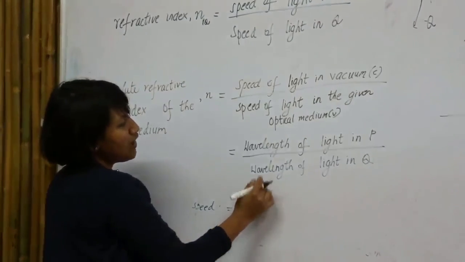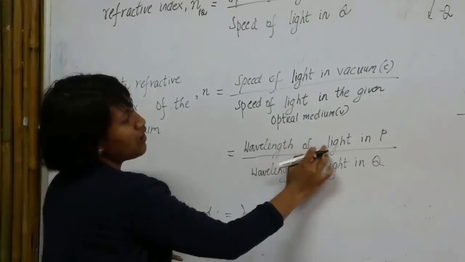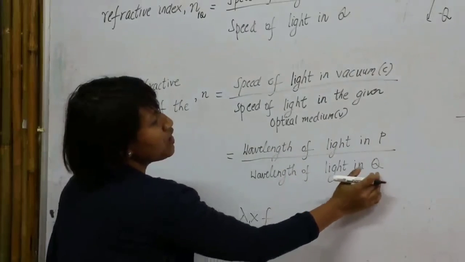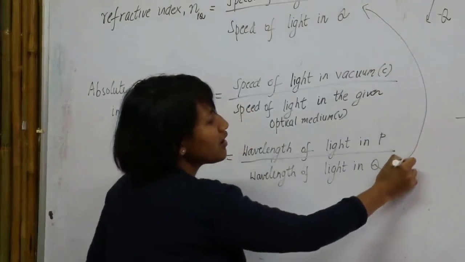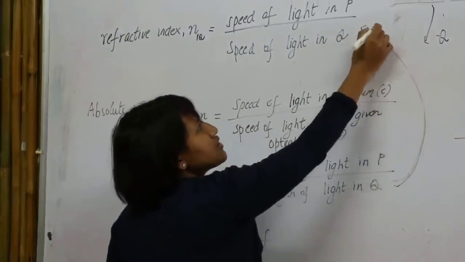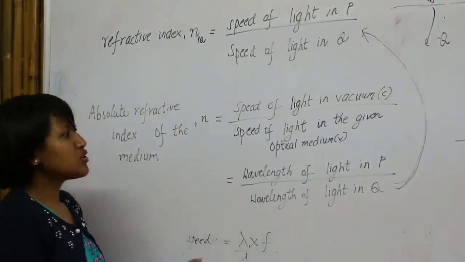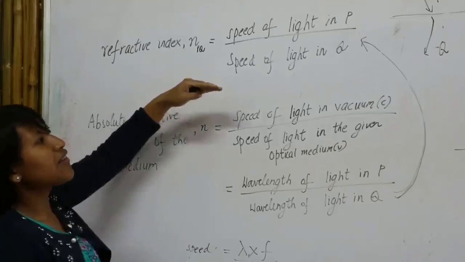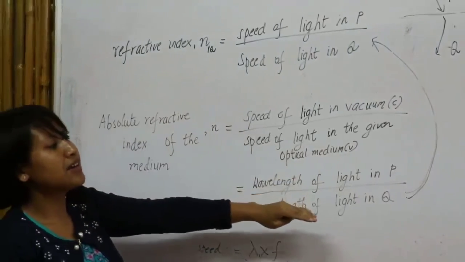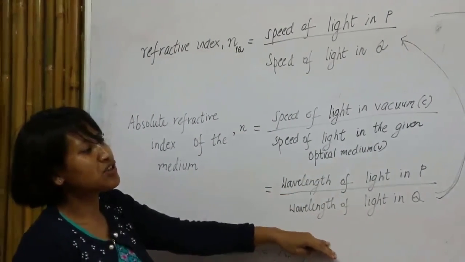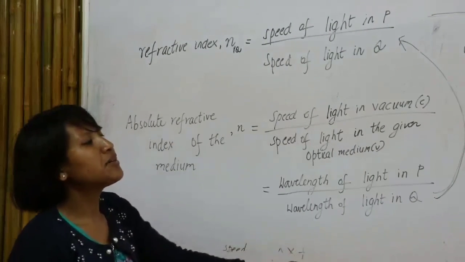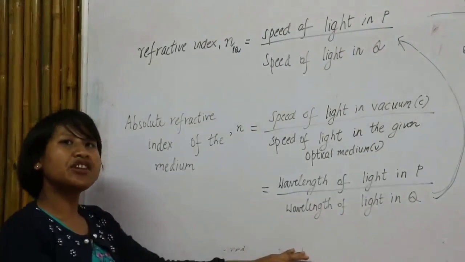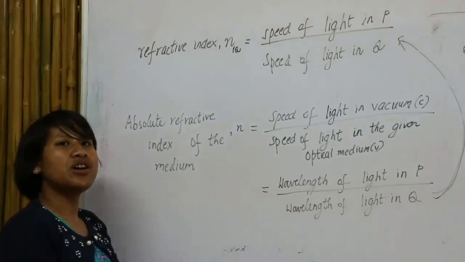As a result you get the wavelength of light in P divided by the wavelength of light in Q. This is a result of this. So these are the mathematical expressions of refractive index. To solve problems, depending upon what is given in the question, you have to use the appropriate formula.